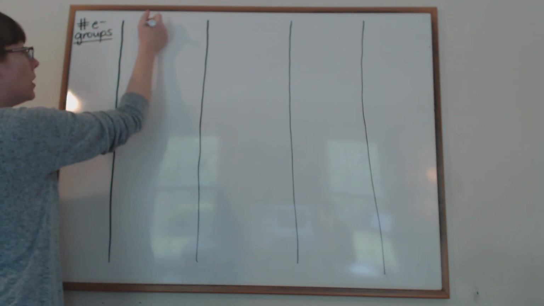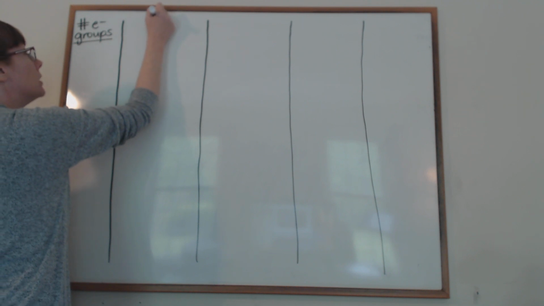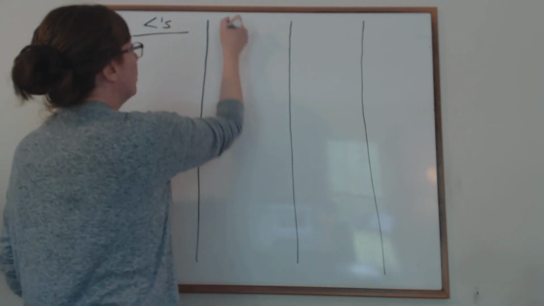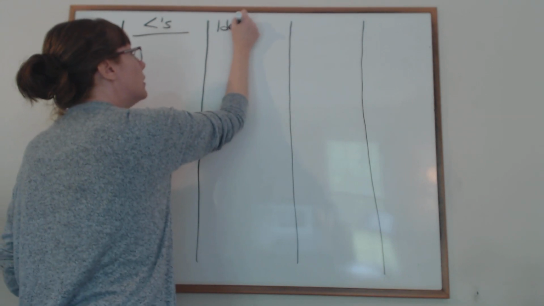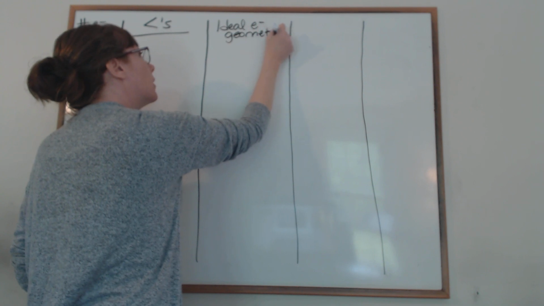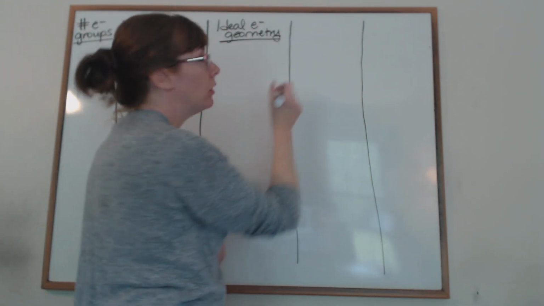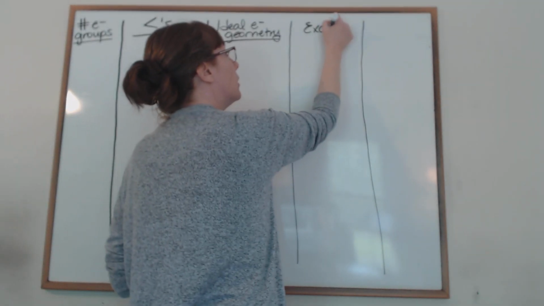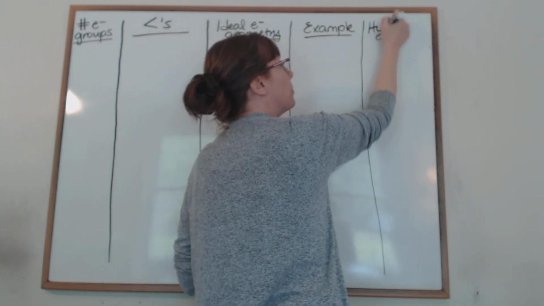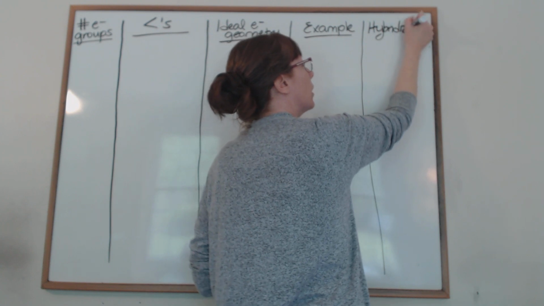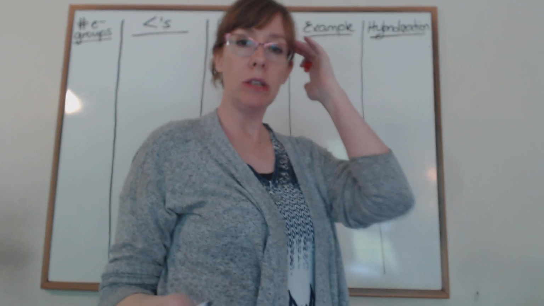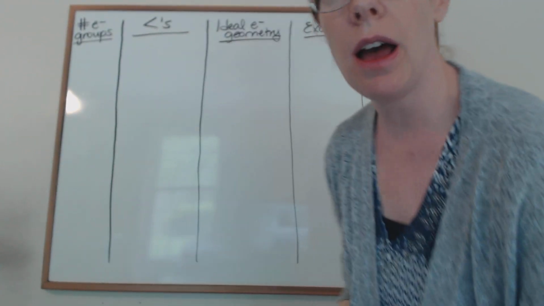The second column will be called angles. The third is going to be called ideal electron geometry. The fourth will say example. And the fifth is going to say hybridization. Now, hybridization is going to be a topic that we learn in the next video.